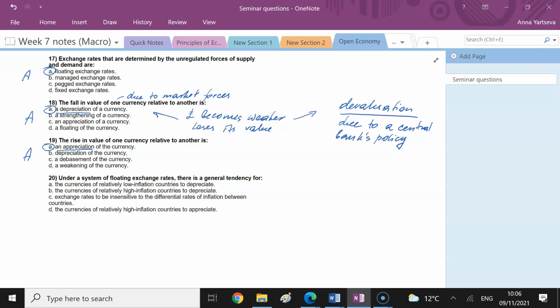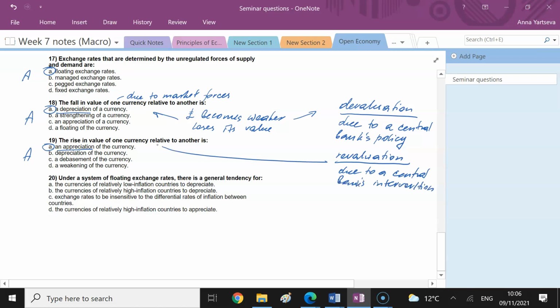And this is what we call devaluation or revaluation of a currency, when the bank does these changes deliberately. So devaluation is when a pound loses its value due to the central bank's policy, and revaluation is when it gains in value due to the central bank's intervention. So these are similar, but it depends on how it happens, due to what factors.